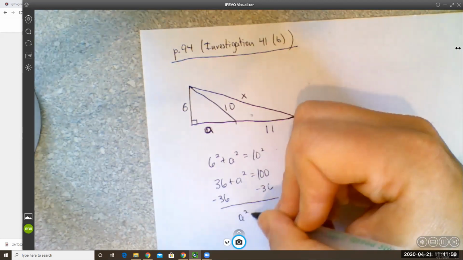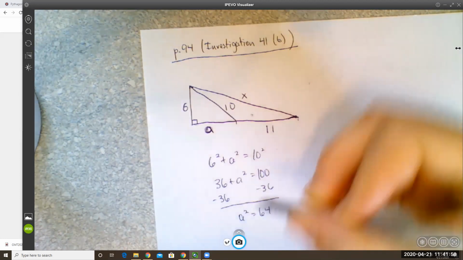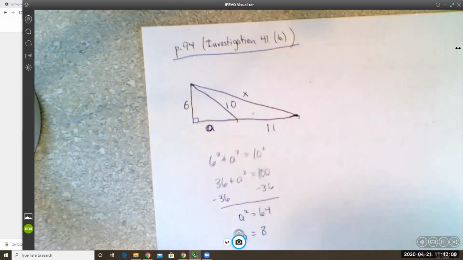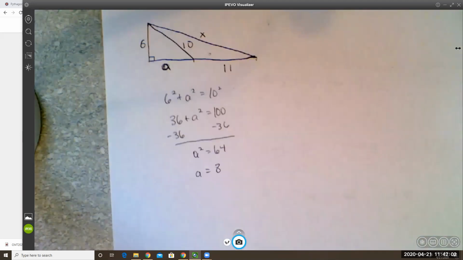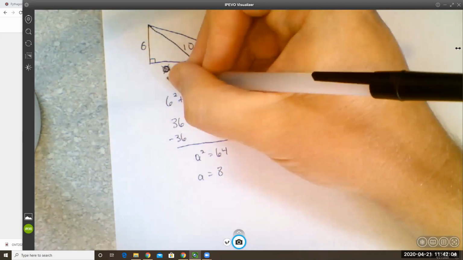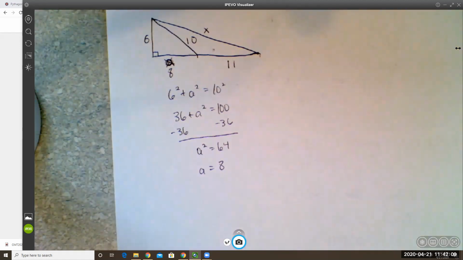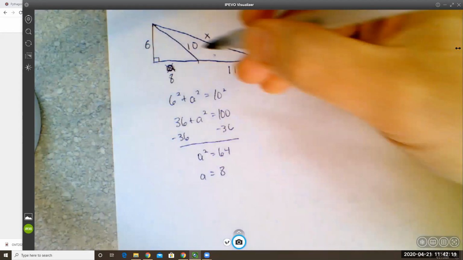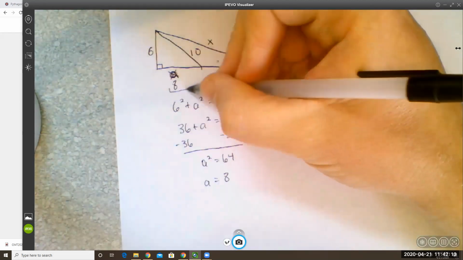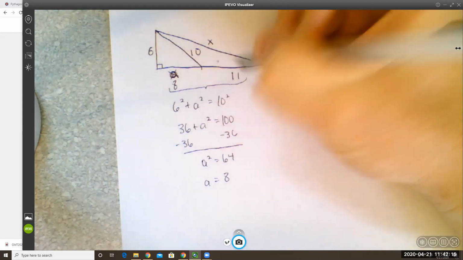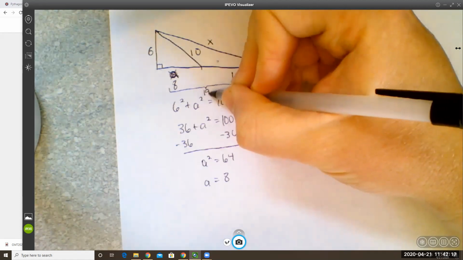A squared is 64. Take the square root, and you get A equals 8. So now we know that that side length is 8, which means that the total side length would be 8 plus 11, so 19.